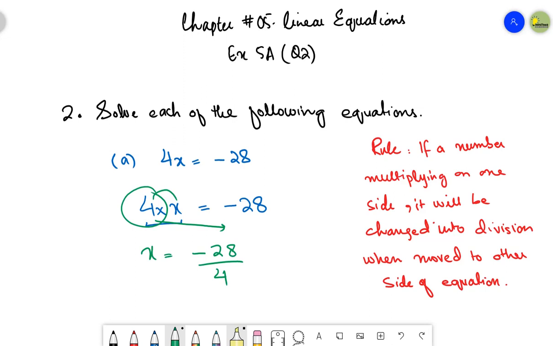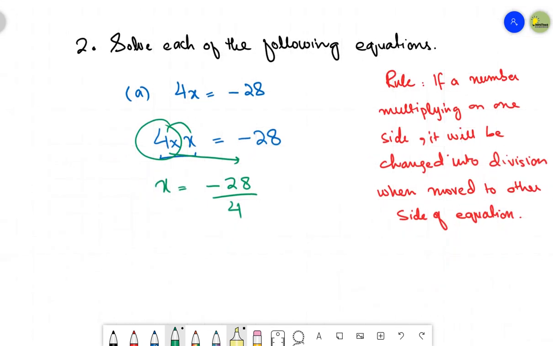If something is multiplying on one side and you are going to shift it to the other side of the equation so that you can have a value of the variable, then the operation must be changed, or opposed. If it is multiplication, then it will be changed into division. If it is addition, then it will be changed into subtraction, that we have seen in question number 1. So this is how you can solve the equation.